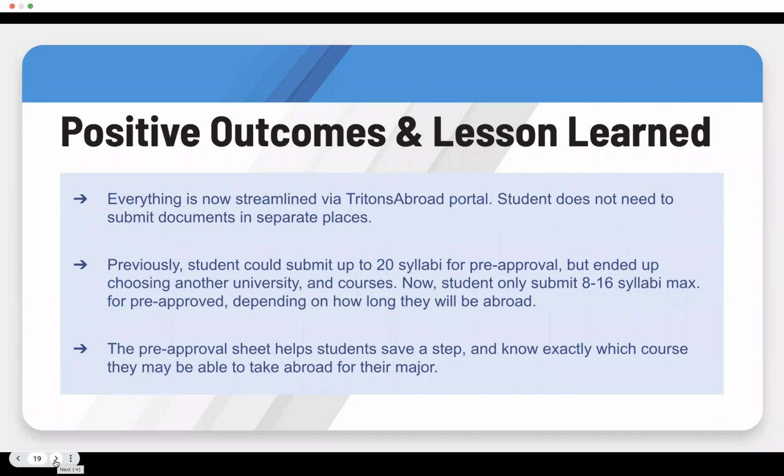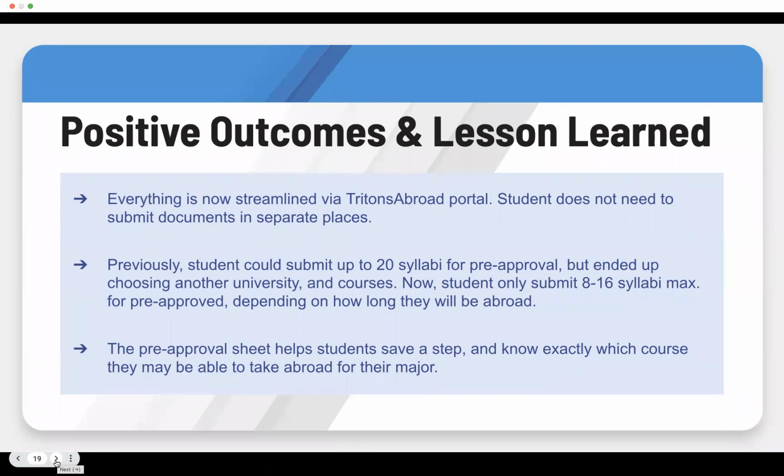And before the streamline, students sometimes could submit up to 20 syllabi for pre-approval, because they would submit 10 for one school, and then later on change their mind and submit another 10, 15 from another school. That increased the workload for us. So with the streamline via the Triton Abroad portal, it limits the student to submit at max 8 courses if you're going for a quarter or semester of study.